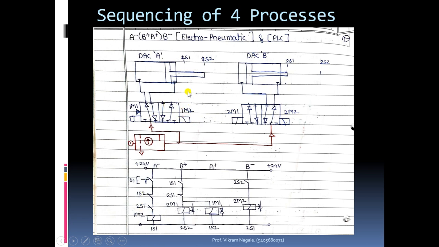So when that coil is de-energized, the pressure on this side will be released, and because of this, whenever required, we can apply the pressure on the left side coil. So you can apply the pressure on the left side of the valve by energizing the left side coil.